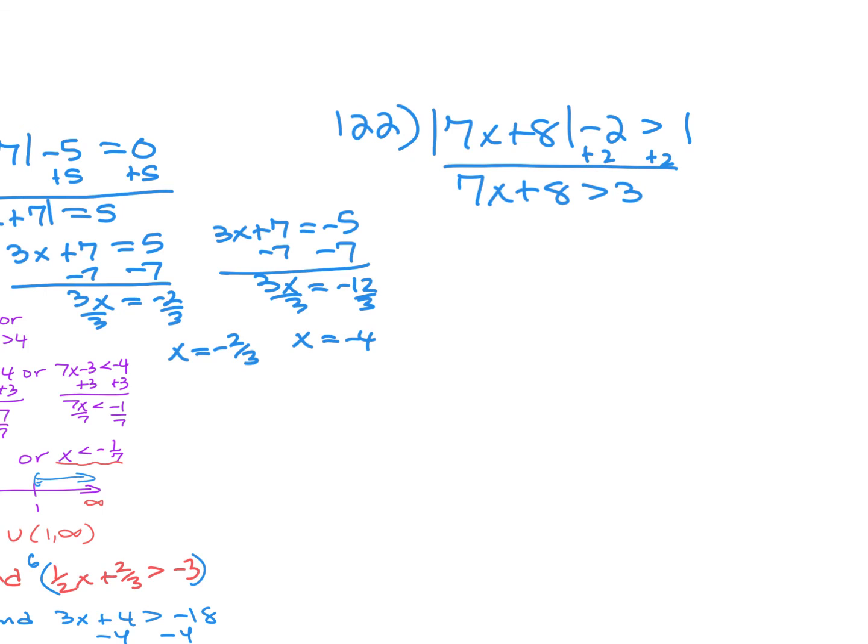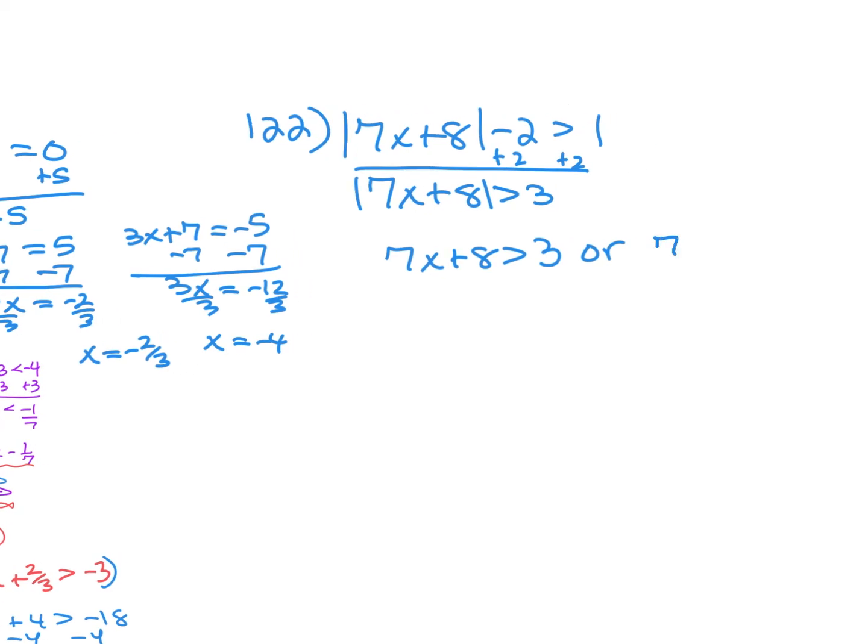So it's an or. Again, what we'll do here is make the two problems, because this is still in absolute value bars. So 7x + 8 > 3, and then 7x + 8 < -3.